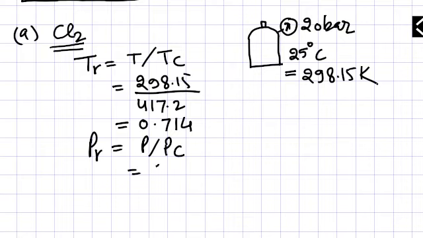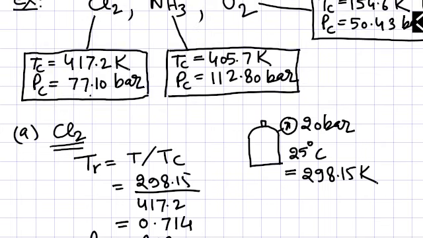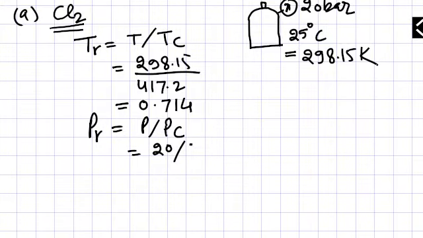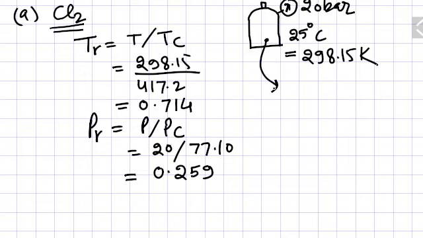The pressure of the gas is 20 bar, divided by the critical pressure, 77.10 bar, and if you divide it, you will get 0.259. So it means that we can represent the state by this data also.